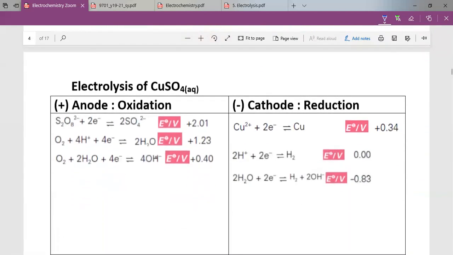Now, electrolysis of copper sulfate, remember in the anode. Copper sulfate gives you Cu2 plus and SO4 2 minus. In your Form 5, you put H2O, giving H plus and OH minus.